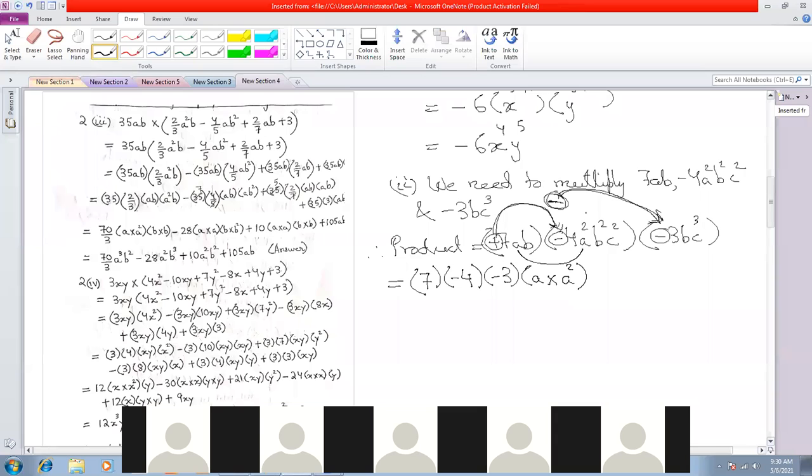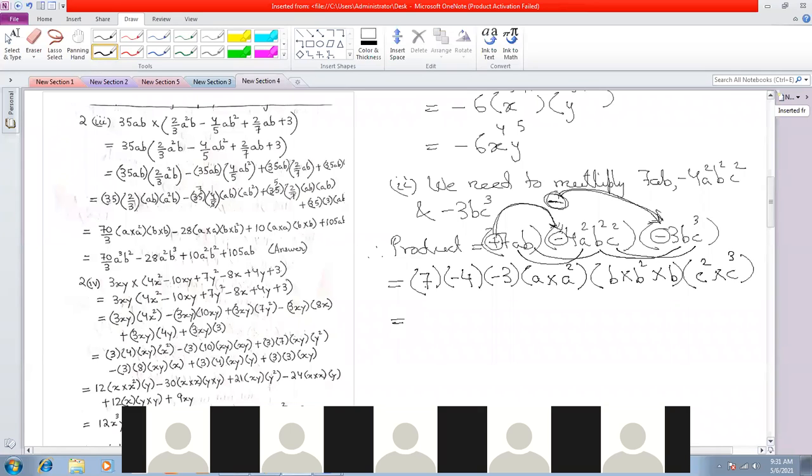And what else? There's no a here in the third one. So nothing to write here. Next, you have b. So you multiply b with b square. And not only that, you also have a b here. Okay. And finally, you have a c here and a c cube here. So c square into c.